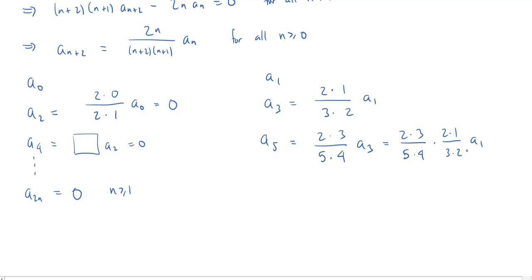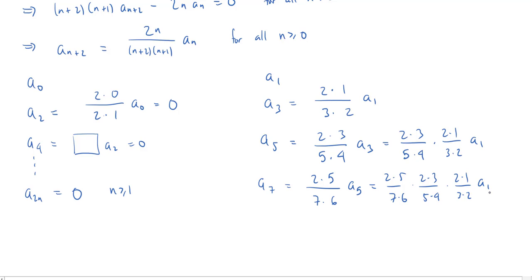I think I'm starting to spot a pattern, but let's write one more term down just to make sure. So a7 will be 2 times, 2 less than 7 is 5. Copy the 7, 1 less than the 7, a sub 5. Now I copy the first bit, and the a sub 5 I just computed: 2 times 3 over 5 times 4, and 2 times 1 over 3 times 2, and an a1.